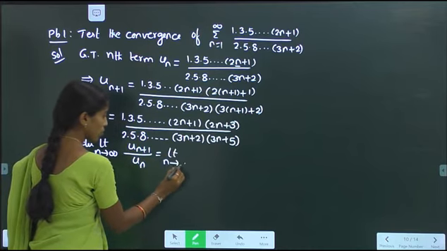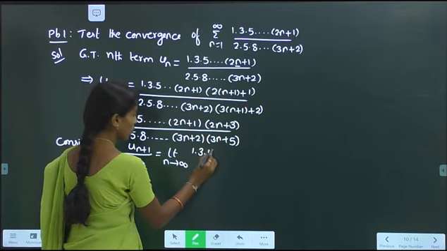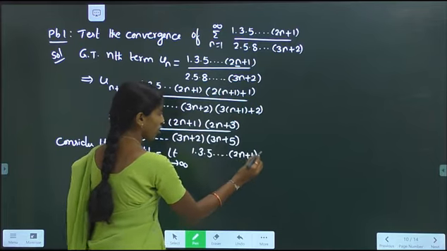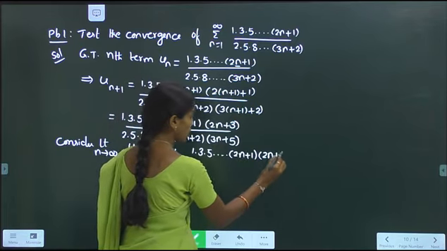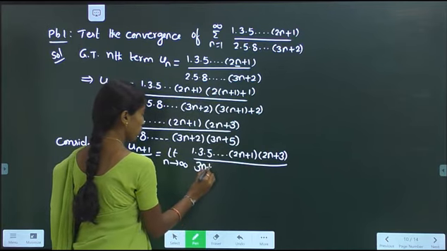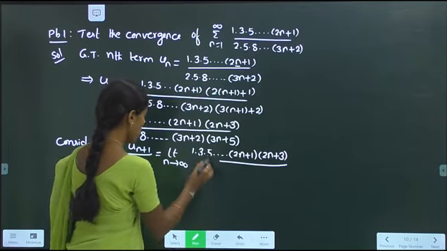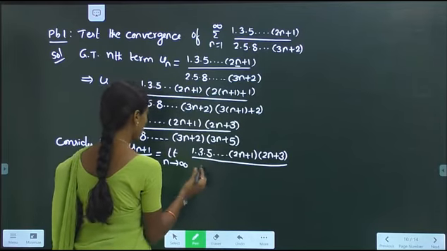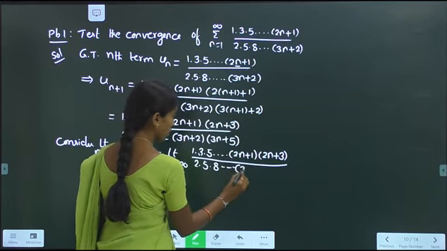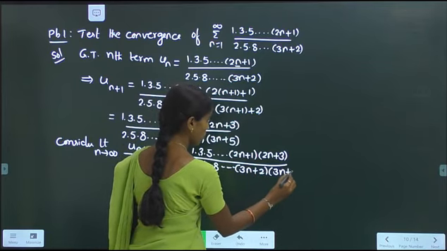Limit n tends to infinity. What is un plus 1? 1, 3, 5 and so on 2n plus 1 into 2n plus 3 by 2 into 5 into 8 and so on 3n plus 2 into 3n plus 5.